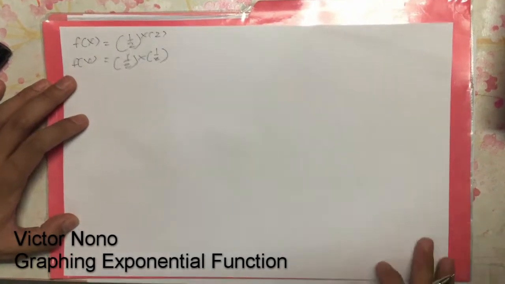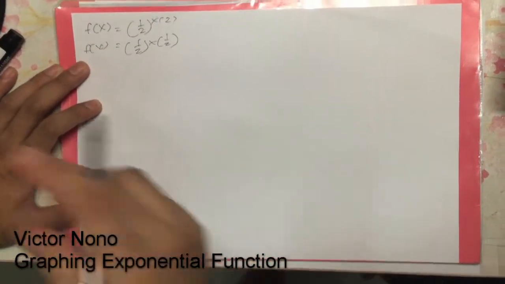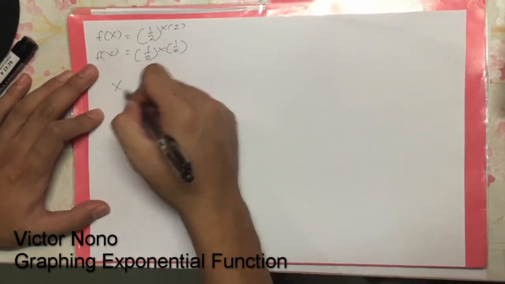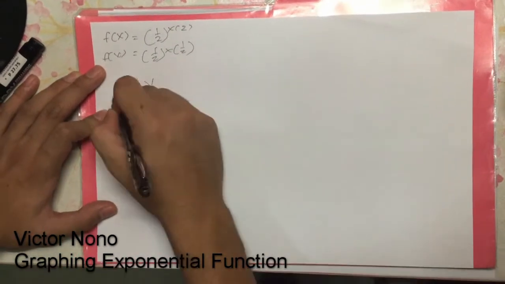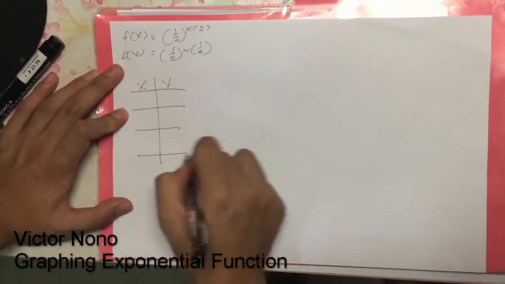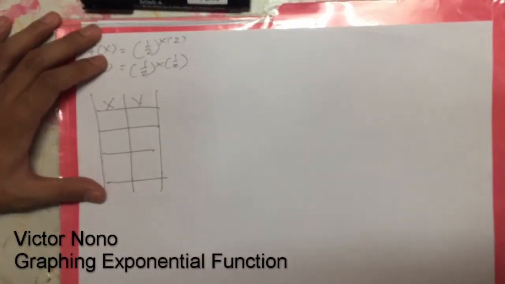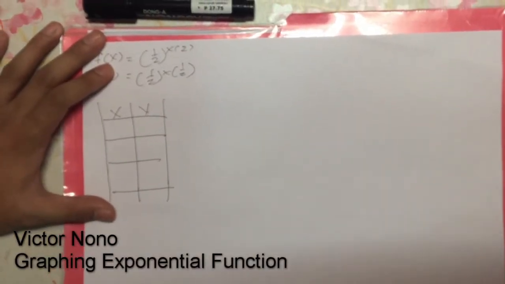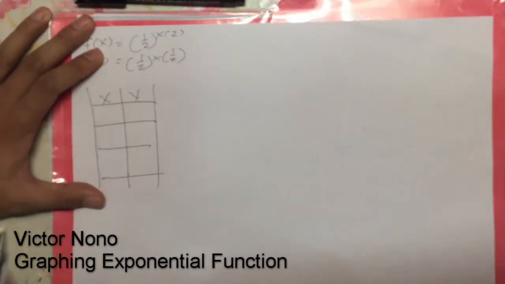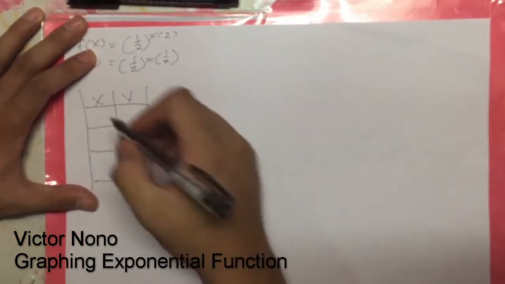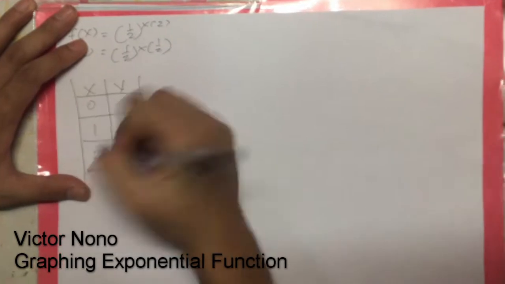So first step is to make a chart for x and y. So x and y. We will always use 0, 1, 2 in the domain. So as an example, we'll use 0, 1, and 2.